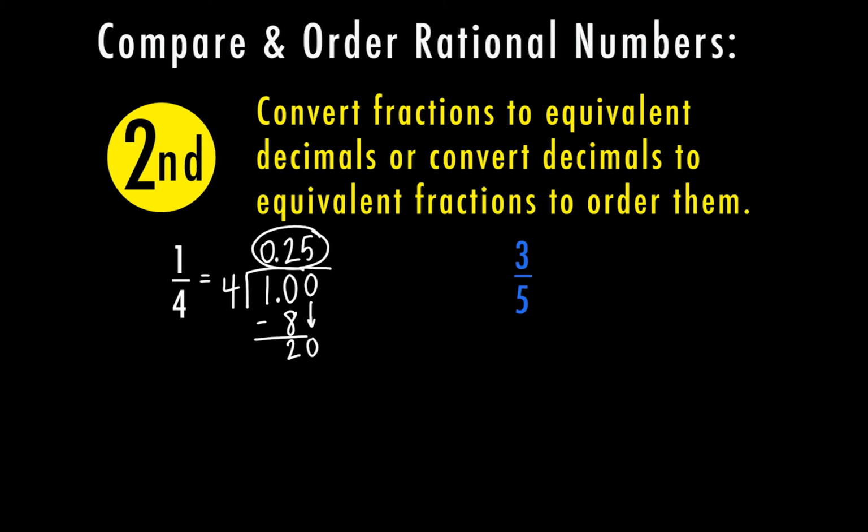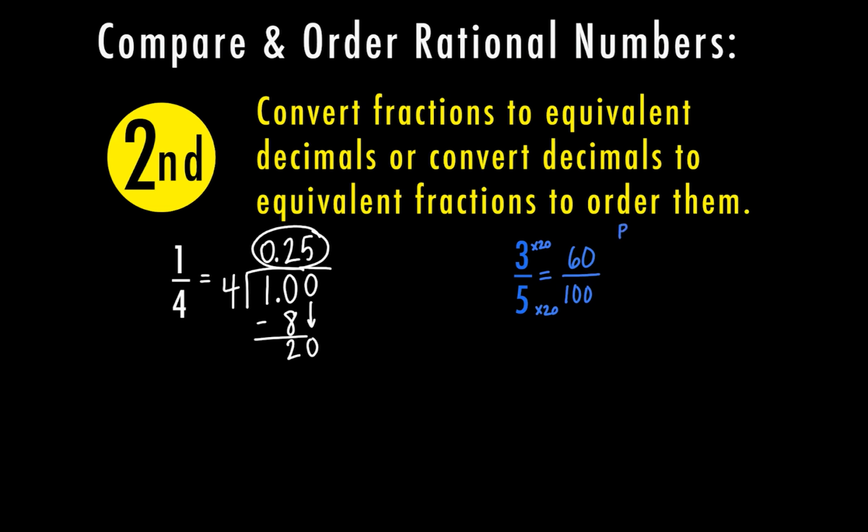Let's try 3/5. So I have another fraction here. Now another way that we can turn a fraction into a decimal is we can actually turn this into a percent, which means I have to have 100 in the denominator. So 5 goes into 100 20 times. 3 times 20 is 60. Now I can convert my percent into a decimal.